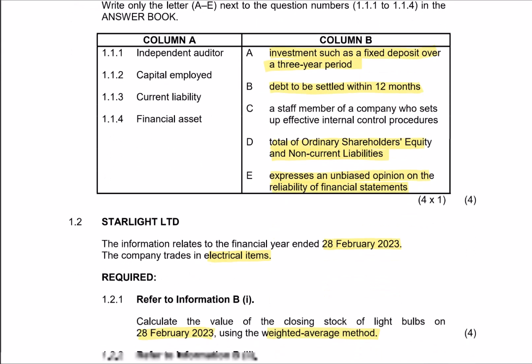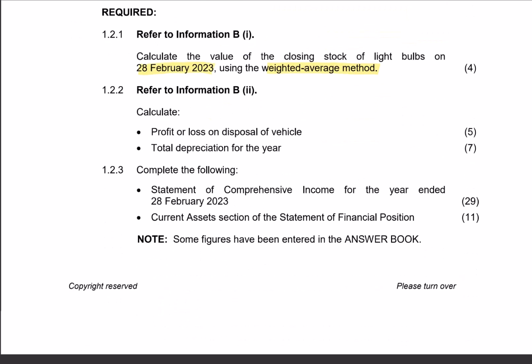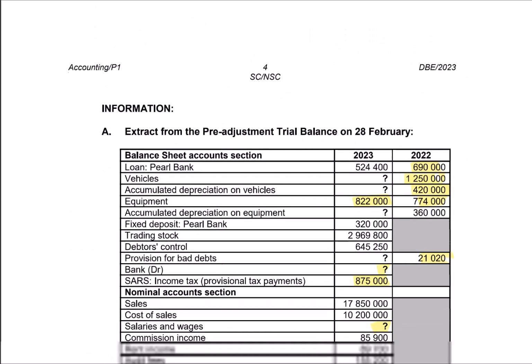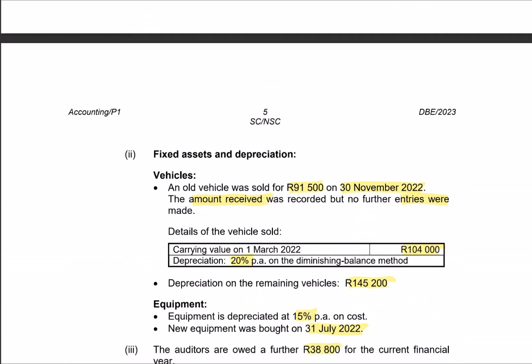Then the second one is calculate profit or loss on disposal, and we're using the information on the vehicle. Right, an old vehicle was sold for 91,500 on 30 November 2022.